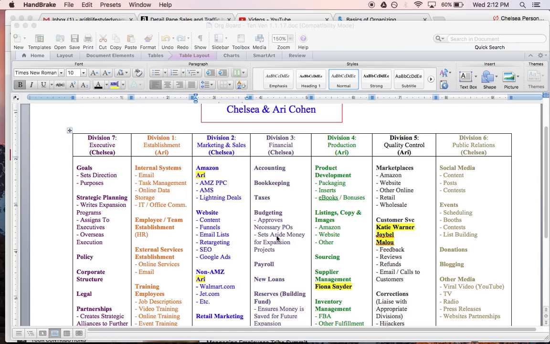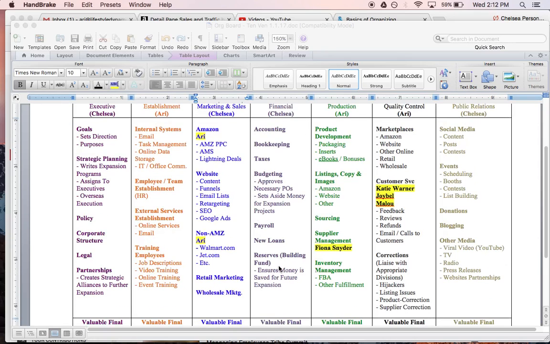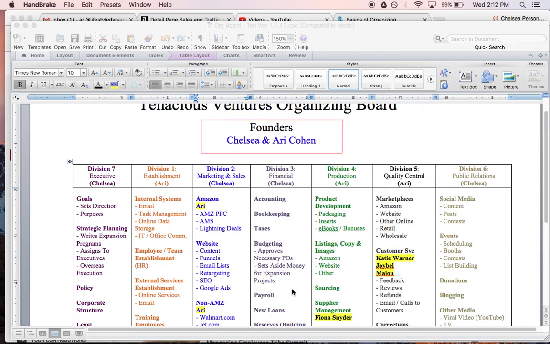So when somebody wants to go invest in something, hey boss, I thought of this great idea for a new product. I want to go launch Garcinia cambogia on Amazon. Okay, show me the purchase order. And then you look at the research, that's not a profitable product, it's a totally oversaturated market, denied. Because this is the division that approves anything, whether it's hiring somebody, I've got to pay that person, or a new loan. They look at all the money coming in and out, and their job is to keep the company profitable.